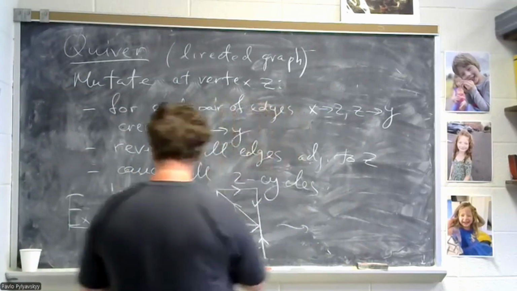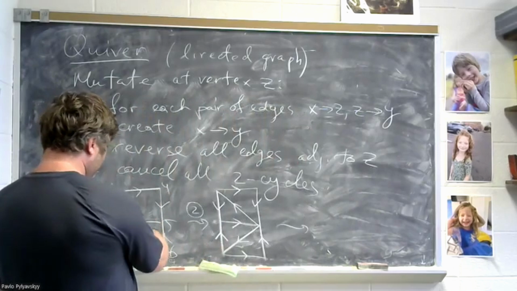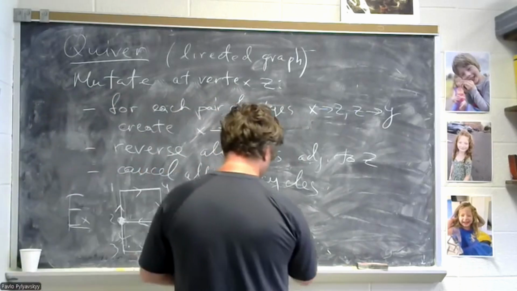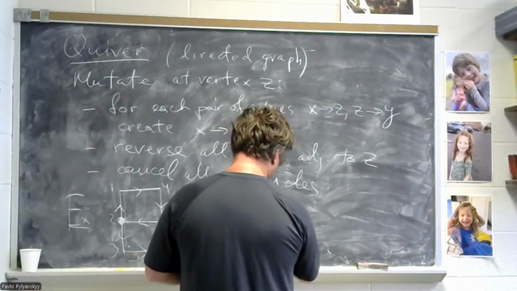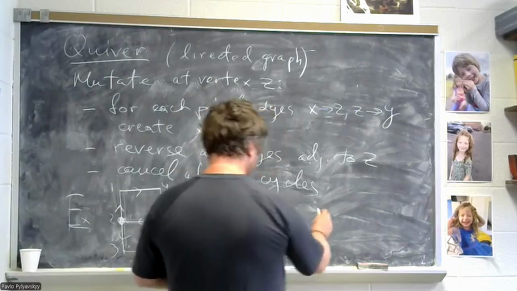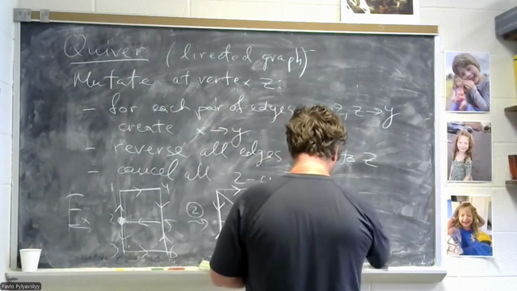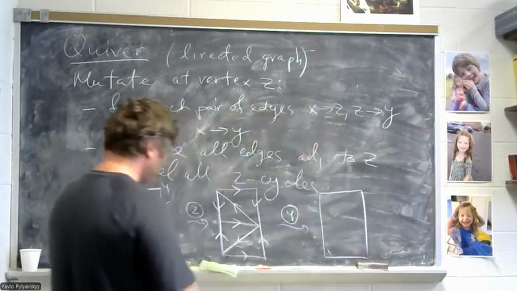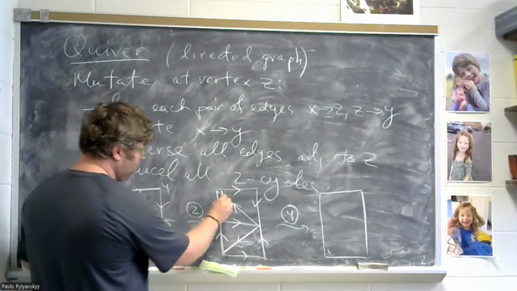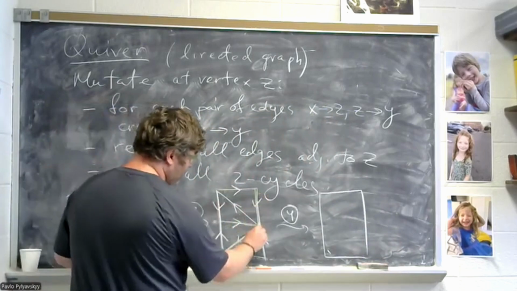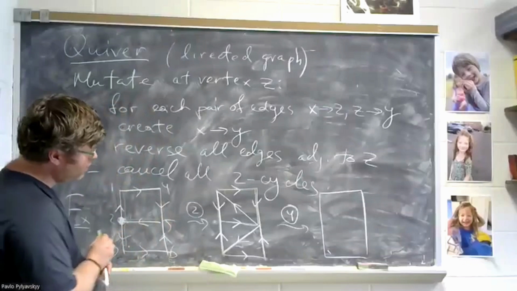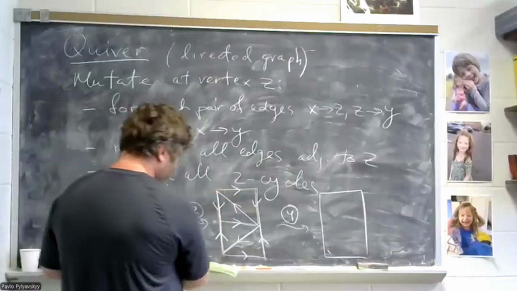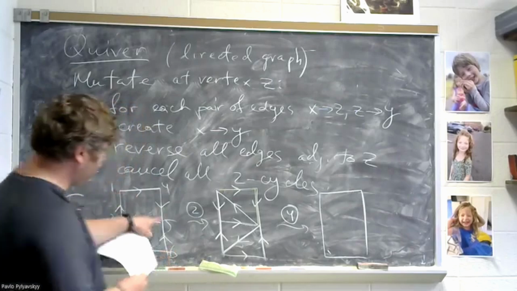Let's mutate at vertices 4 and 6. Well, let's just do 4. If we do it at vertex 4, what happens here? We have one sequence of edges going like this through 4. So we have to create one direct edge from 1 to 5.